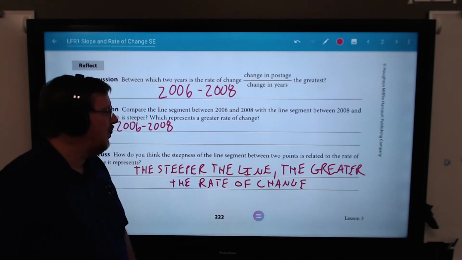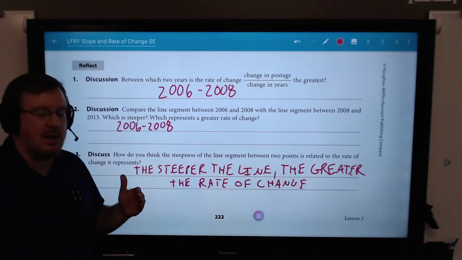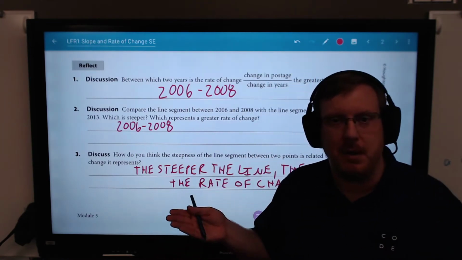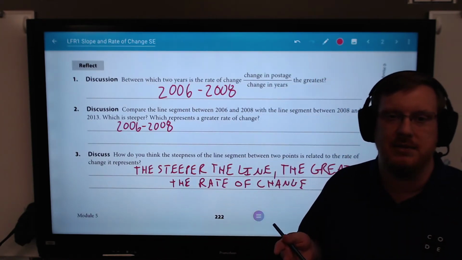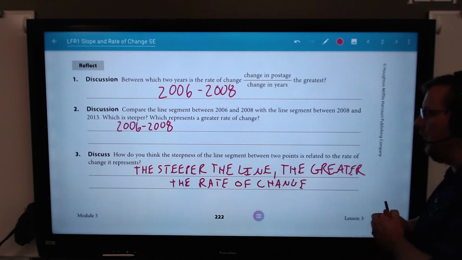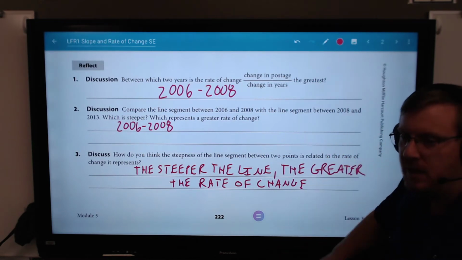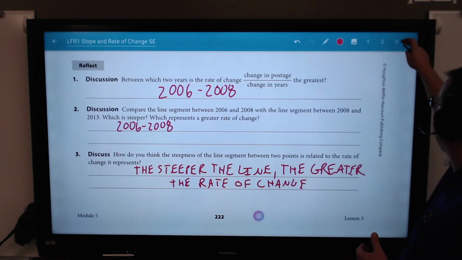There we go. So the steeper the line, if I have a steeper line, I have a larger rate of change, if I'm comparing two lines or comparing two rates of change. All right? So again, if you need to, go ahead and pause this, take a look, write anything down that you want to. I'm going to go ahead and move to the next page.